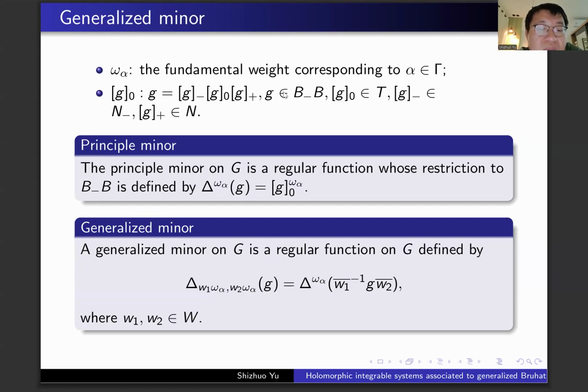And now we can generalize the definition of the principal minors to generalized minors. It is a regular function defined by the twisted of two variable elements. It means that if we apply the principal minors to the twisted element of g by w1 inverse and w2, it looks like a conjugation.